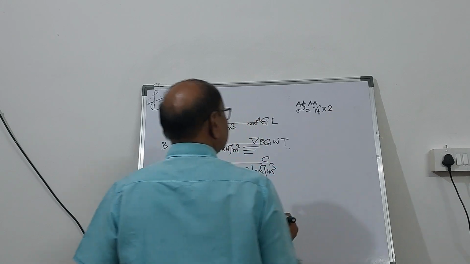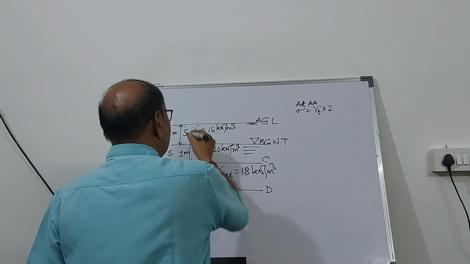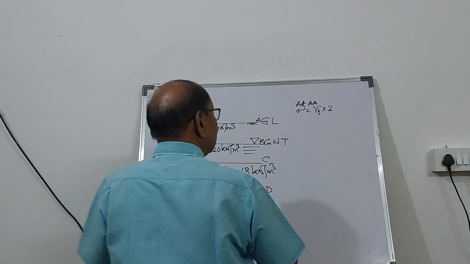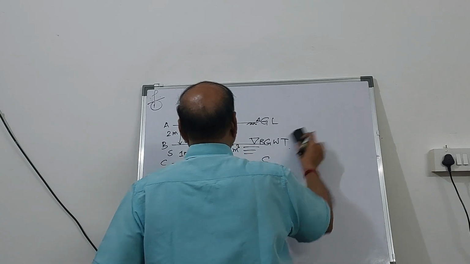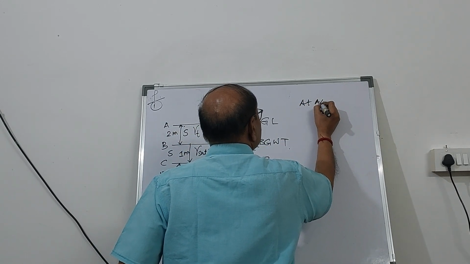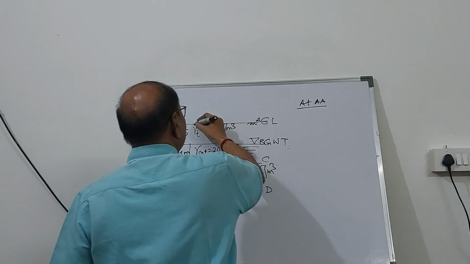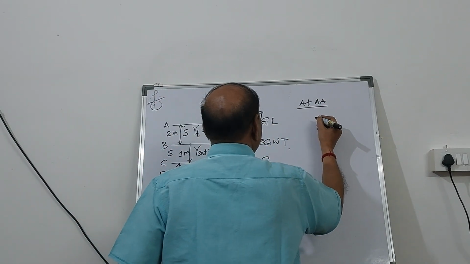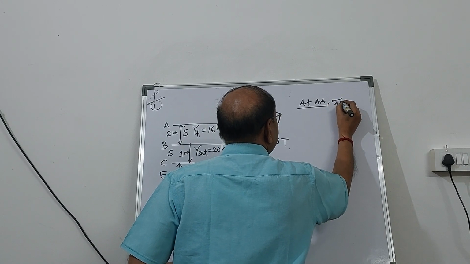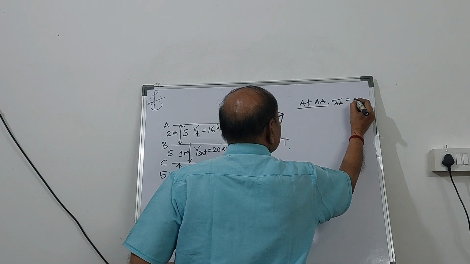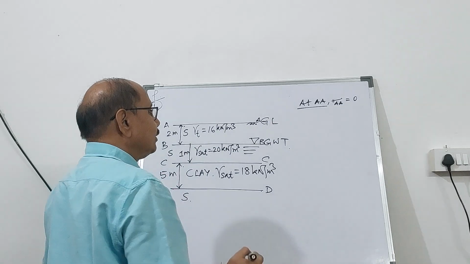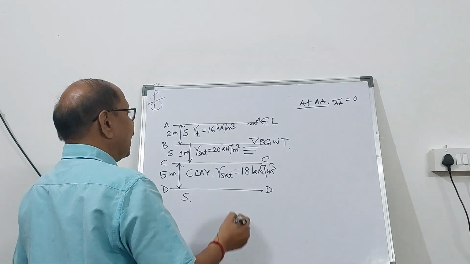Is there any soil column above A? No. So naturally at A, sigma A will be 0, because there is no height of soil column over that.